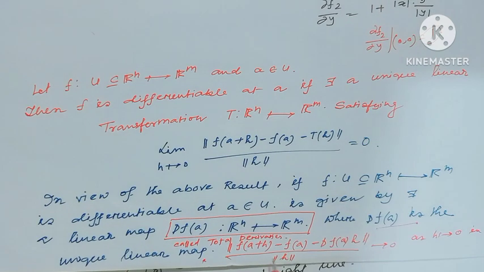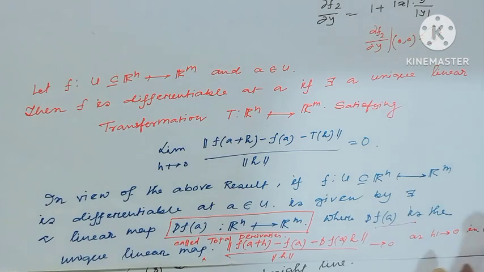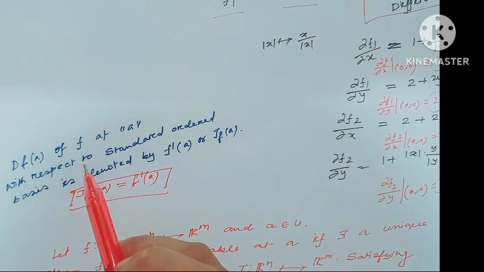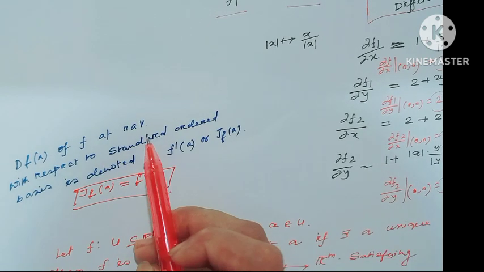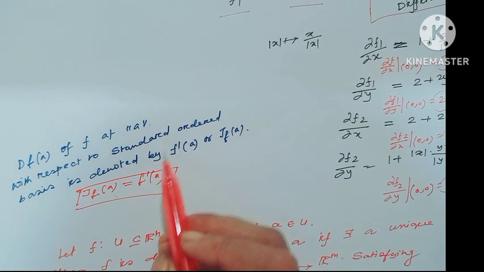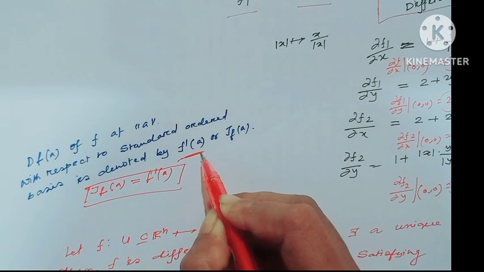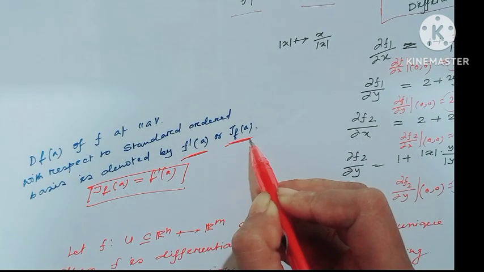The norm of f(a+h) minus f(a) minus Df(a)h, divided by the norm of h, tends to 0 as h goes to 0 in R^n. Here Df(a) of the function f at the point a with respect to the standard ordered basis is denoted by f'(a), or the Jacobian matrix.